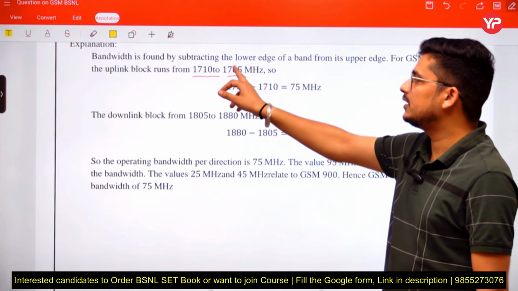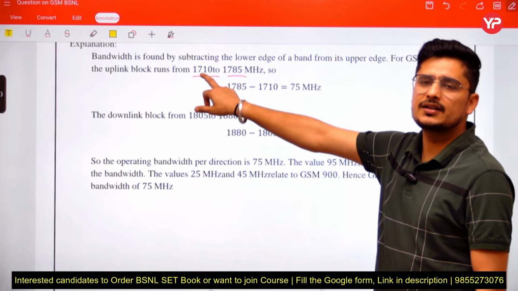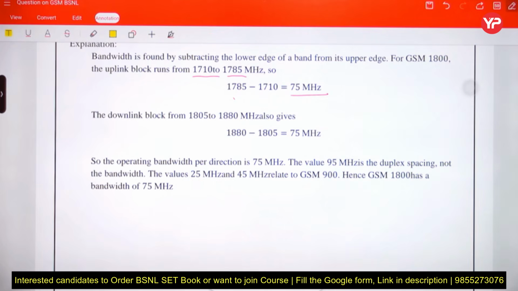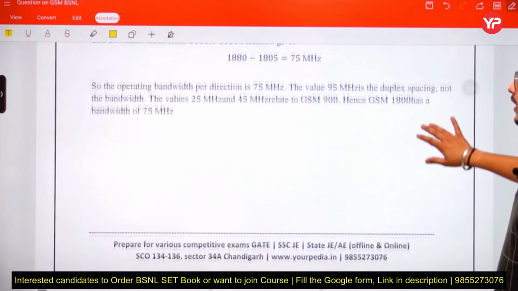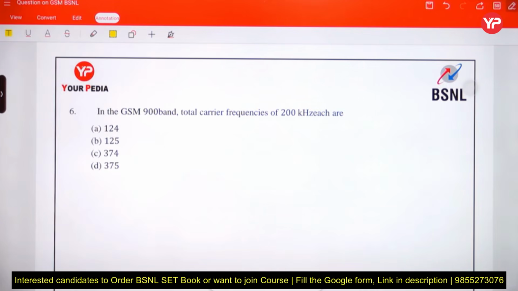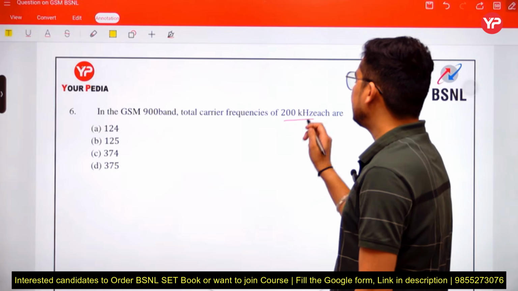So that means 1885 minus 1710, that will give you the 75 megahertz as the bandwidth of GSM 1800. Now he's talking about the GSM 900 band, and the carrier frequency is 200 kilohertz.